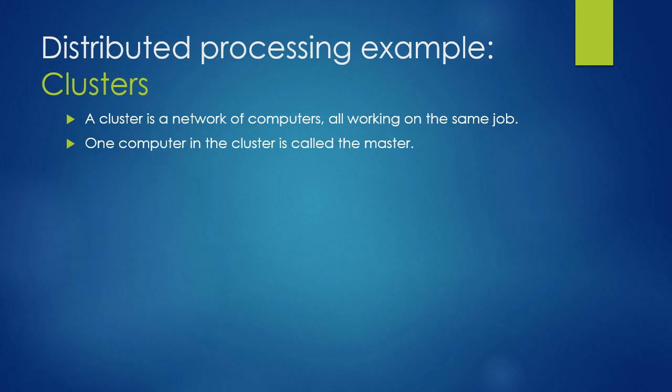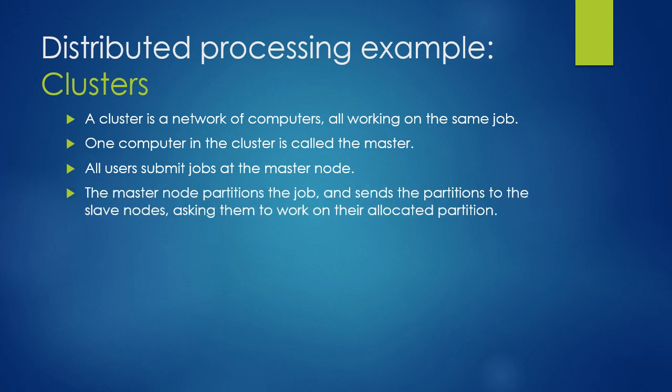One computer in the cluster is called the master. All users submit jobs at the master node. The master node partitions the job and sends the partitions to the slave nodes, asking them to do the same computation on their allocated partition.